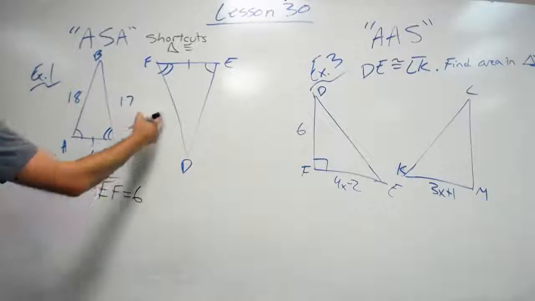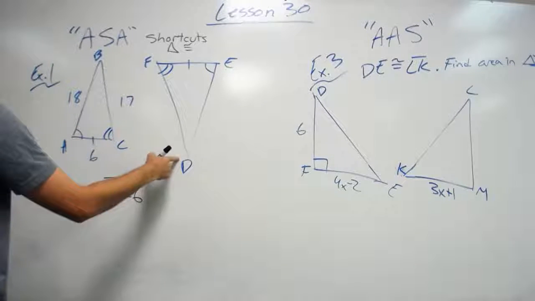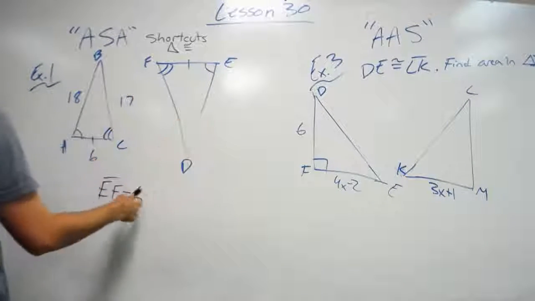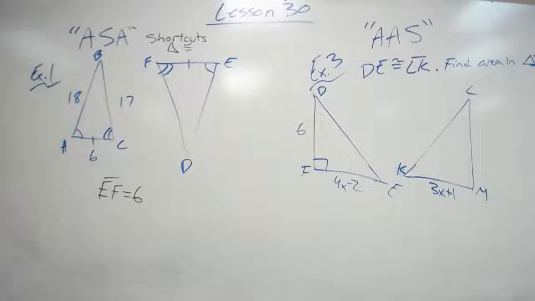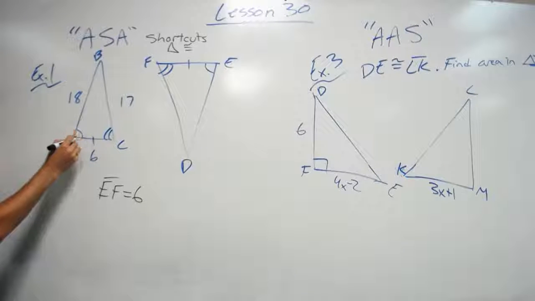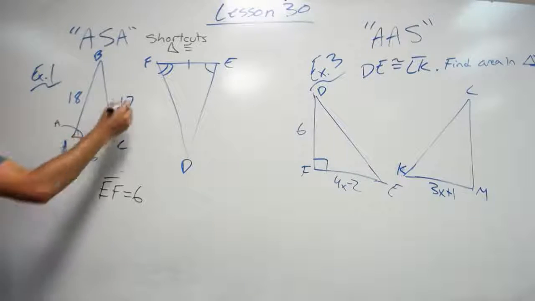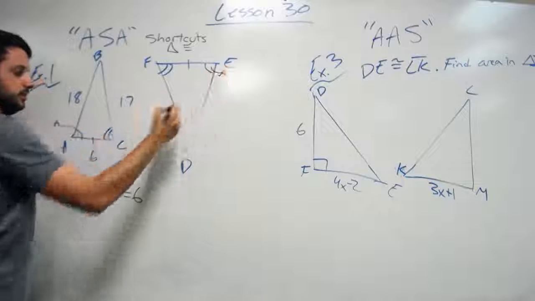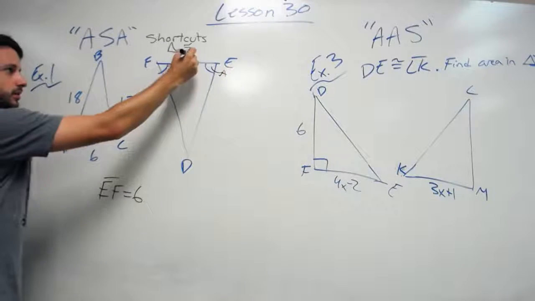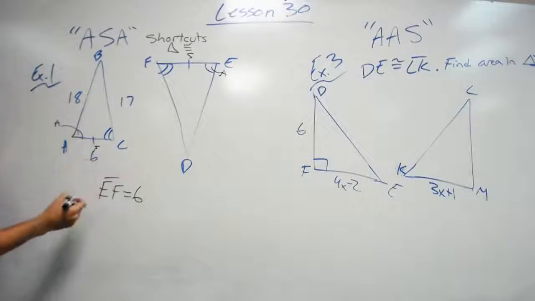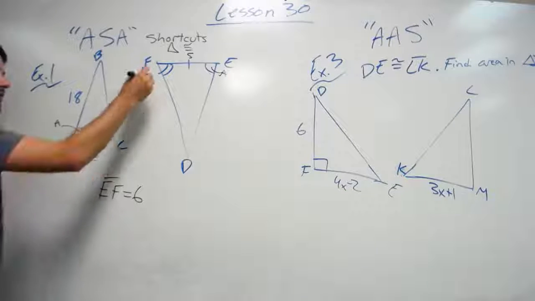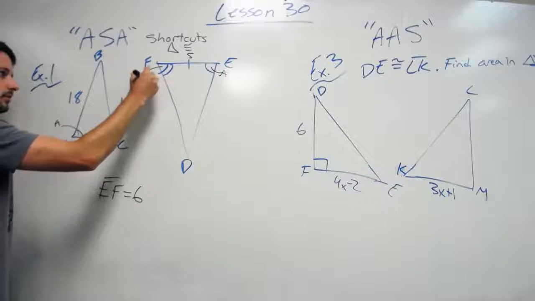But how can we find the sides FD and ED? Well, because of angle side angle, right here we see that this angle is congruent to this angle. They both have 1. This one has the same side, an included side between the two angles.